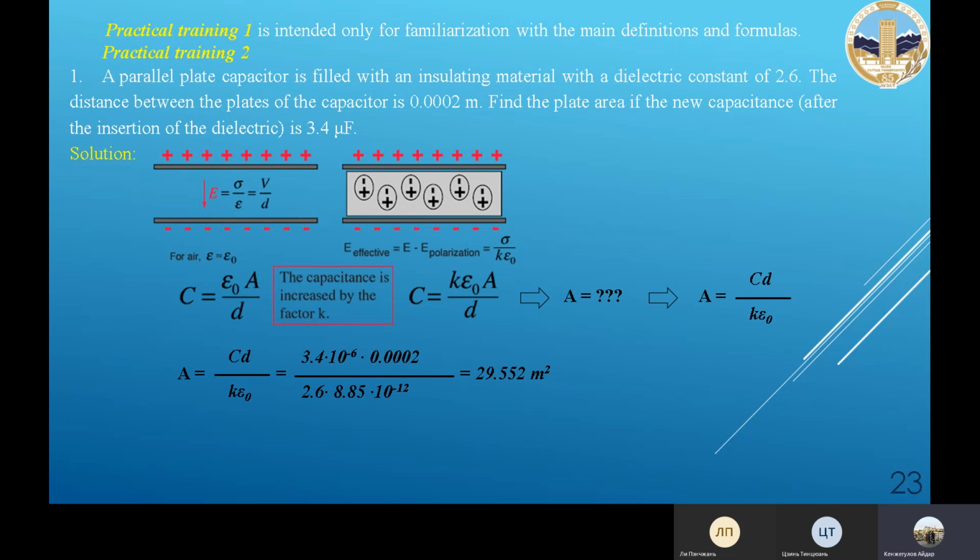So for practical 1, I will talk about one exercise. It's easy, and from exercise 2 to the end you should do by yourself, take a photo and send it to me.